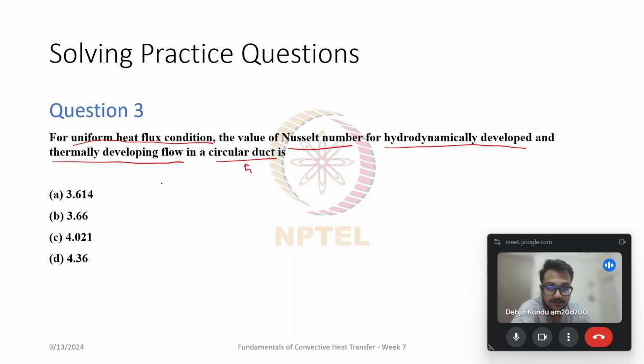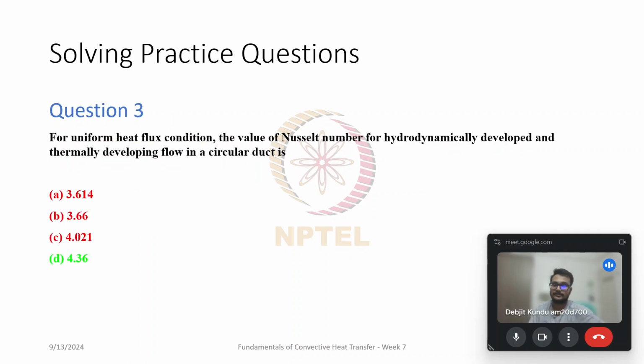So a circular duct is important, a thermally developing but hydrodynamically developed flow, and in the case of uniform heat flux condition, what is the value of Nusselt number in that case? Is it option A 3.614? Is it option B 3.66? Is it option C 4.021? Or is it option D 4.36?